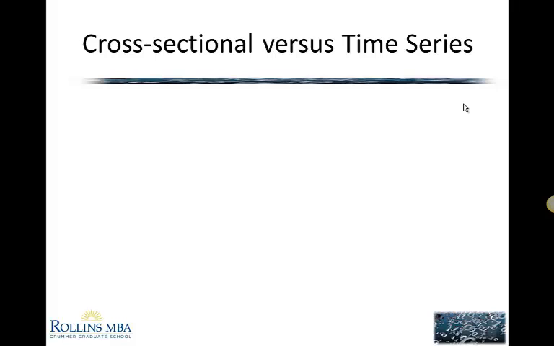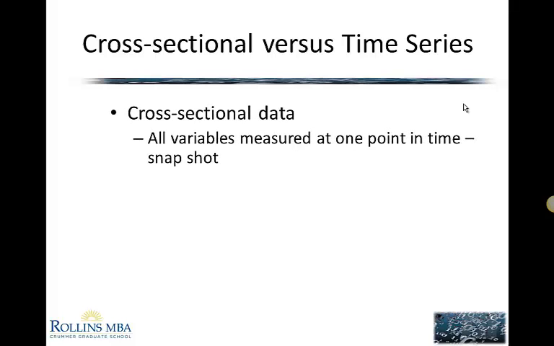numerical and categorical data and look briefly at cross-sectional versus time series data. Cross-sectional data is where we're looking at observations of several variables, or just one variable perhaps, but at one given point in time. It's sort of a snapshot view. And I'll post to Blackboard a data file called coding.xls, just as an example of some data that might be taken on a survey.